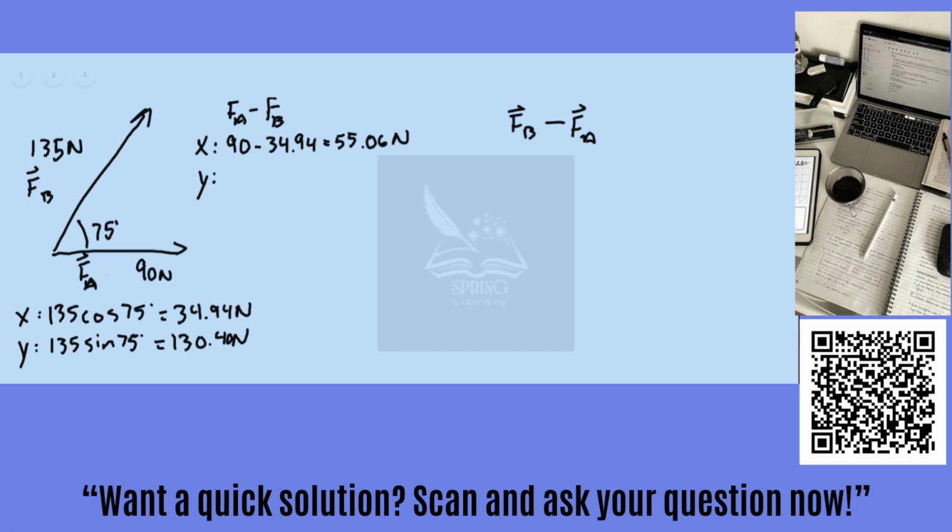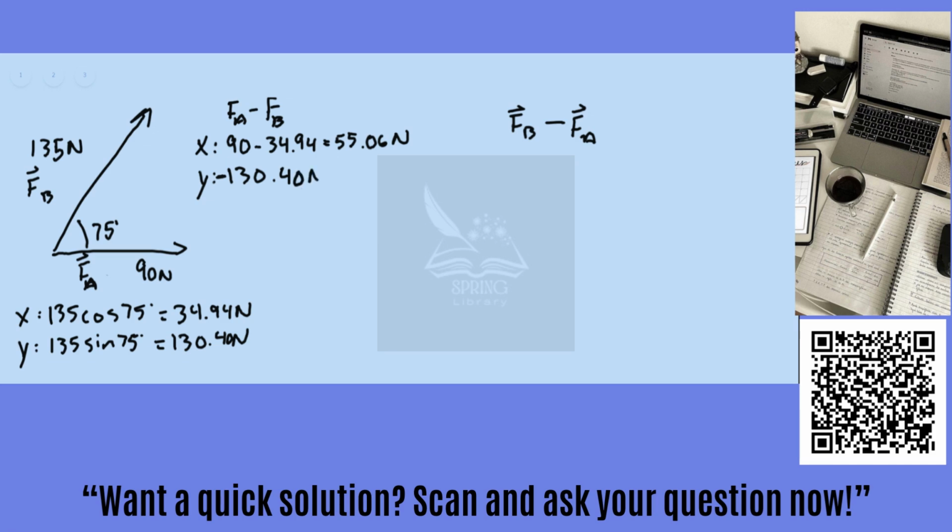All right, the y component: f sub a does not have a y component, so that makes this rather simple. It's going to have the same y component, but in the opposite direction because we're subtracting f sub b.